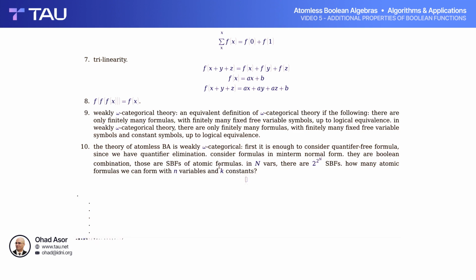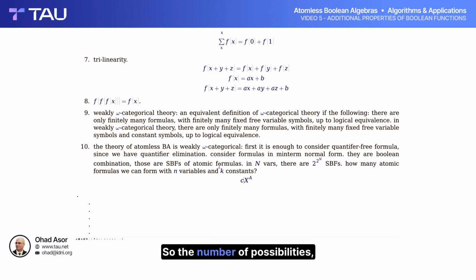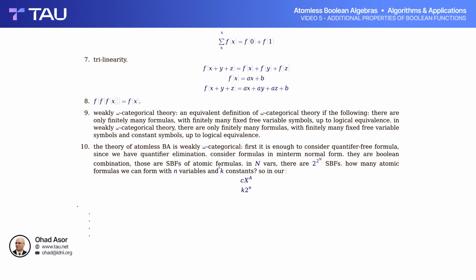Well, they are all of the form some constant times some minterm. So the number of possibilities is k times 2 to the n. There are 2 to the n minterms, if n is the number of variables, and k constants. So in our case, the number of atomic formulas is k times 2 to the n.